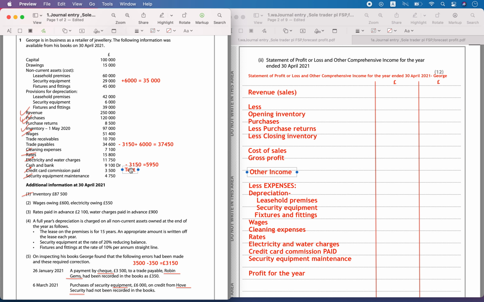Now let's start adjusting with the information given here. First one represents the closing inventory, which is given here.